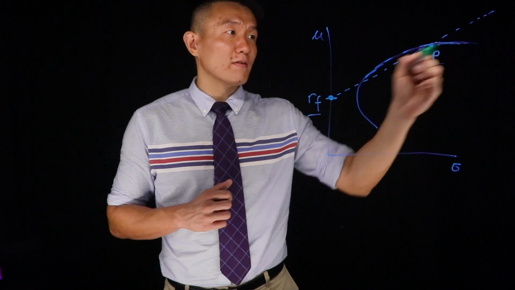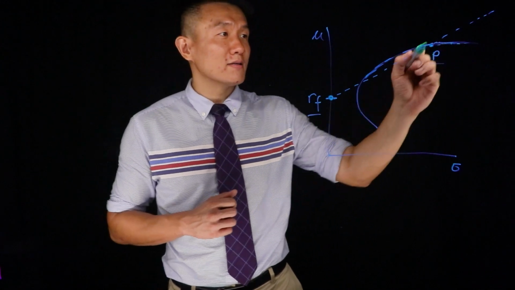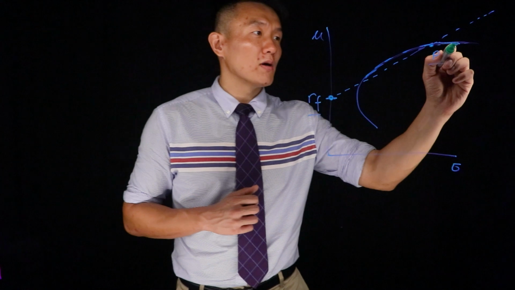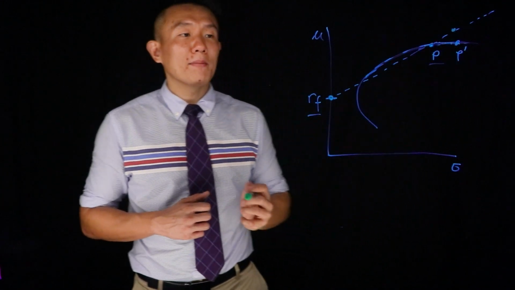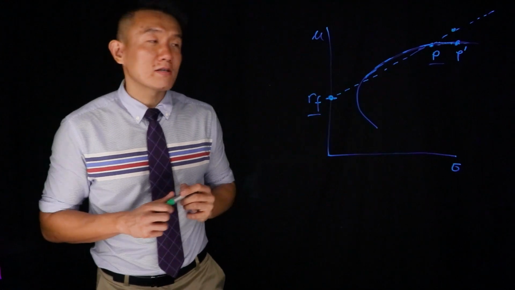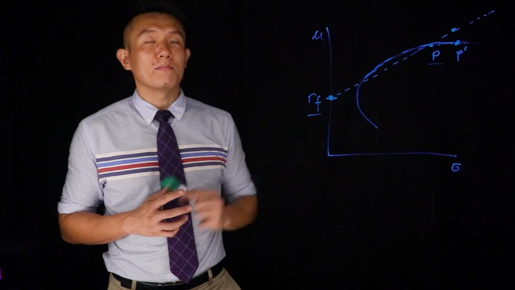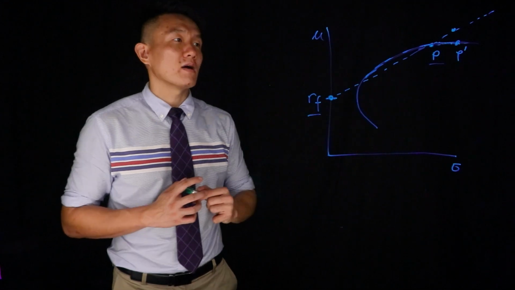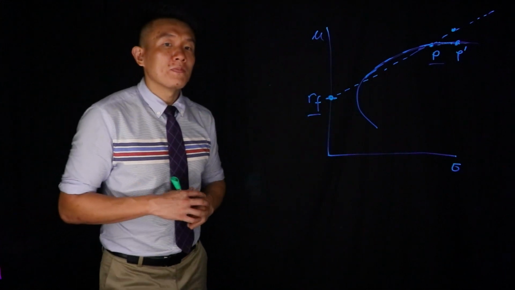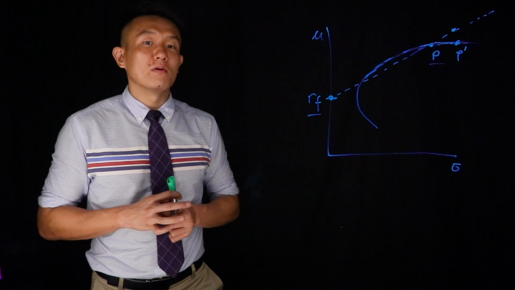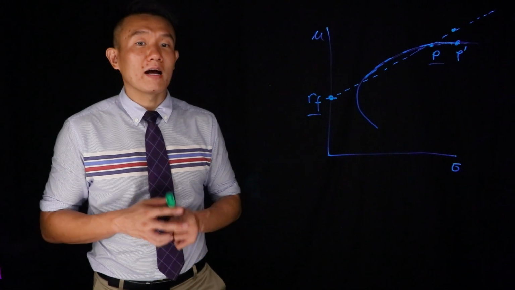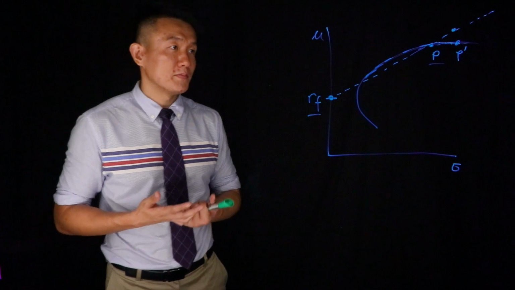I wouldn't want to invest anywhere here now, because if I take a combination, I would never want to invest in, say, P prime, because there is a combination of P with the risk-free asset that gives me a higher return and lower risk than P prime. So I wouldn't want to invest in P prime anymore. And P prime is on the efficient frontier. So by introducing the risk-free asset, there are now portfolios that were on the efficient frontier that I have now ruled out also.